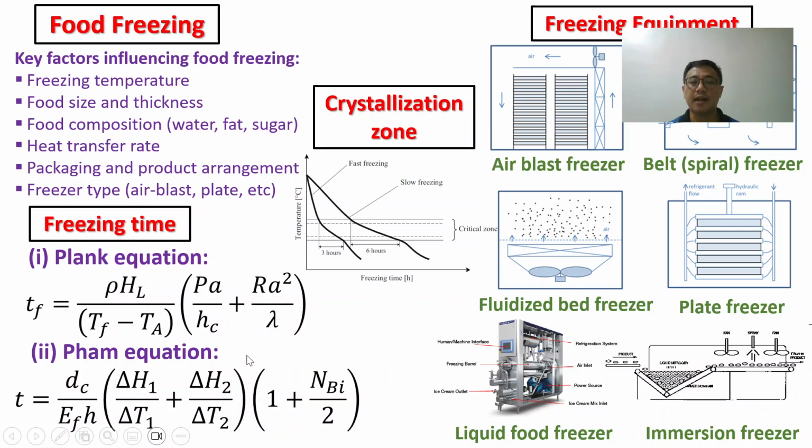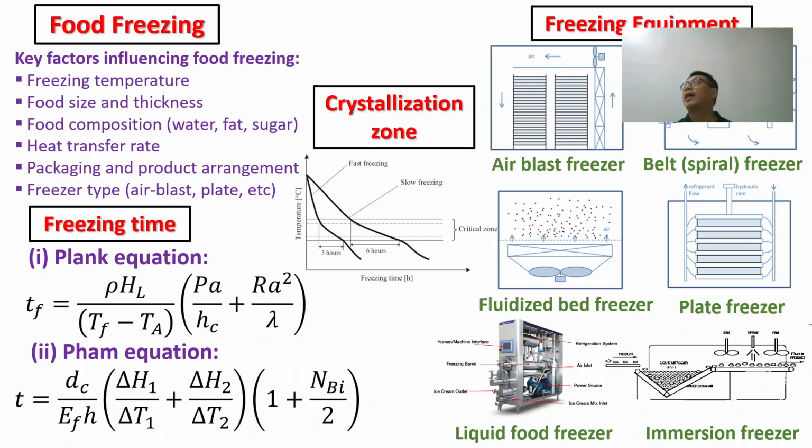Be aware of the P and R, and the E value is the geometry dependence. It can be a slab or plate, cylinder, and sphere. Three different types of geometry shape have different values. Make sure you substitute the right value when you calculate the freezing time.